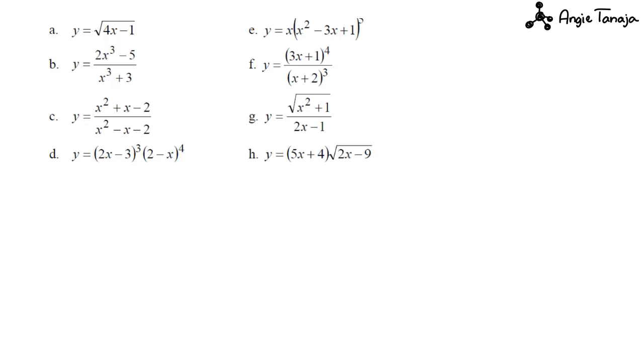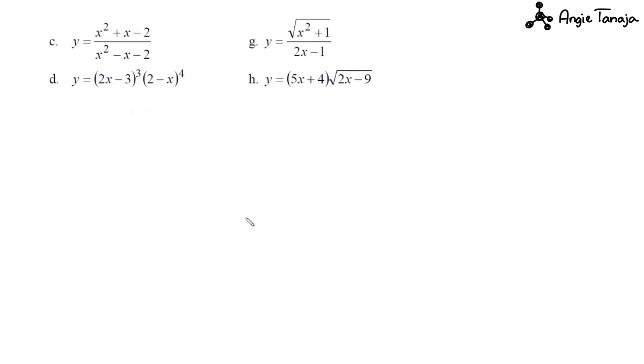For 2D, we're going to do a combo. We have the multiplication rule and we also have the chain rule here. So 2D: y equals 2x minus 3 cubed times 2 minus x to the 4, right?